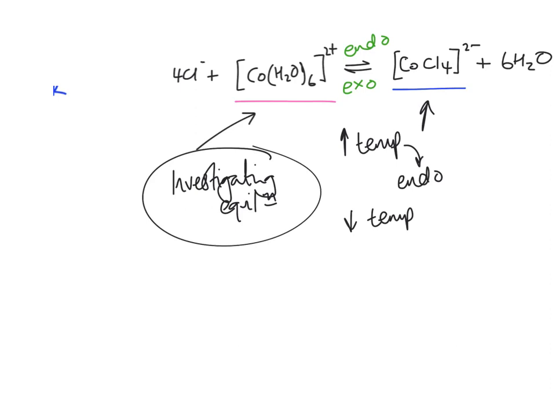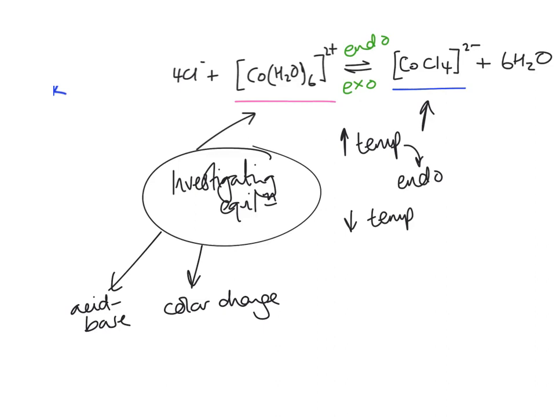Most investigations of equilibrium involve colour change, so that's really key, especially in year 1. In year 2, you can also use titrations to work out the amount of acid and base there is at the end of equilibrium, but we'll be looking at that in the second year video on KC.